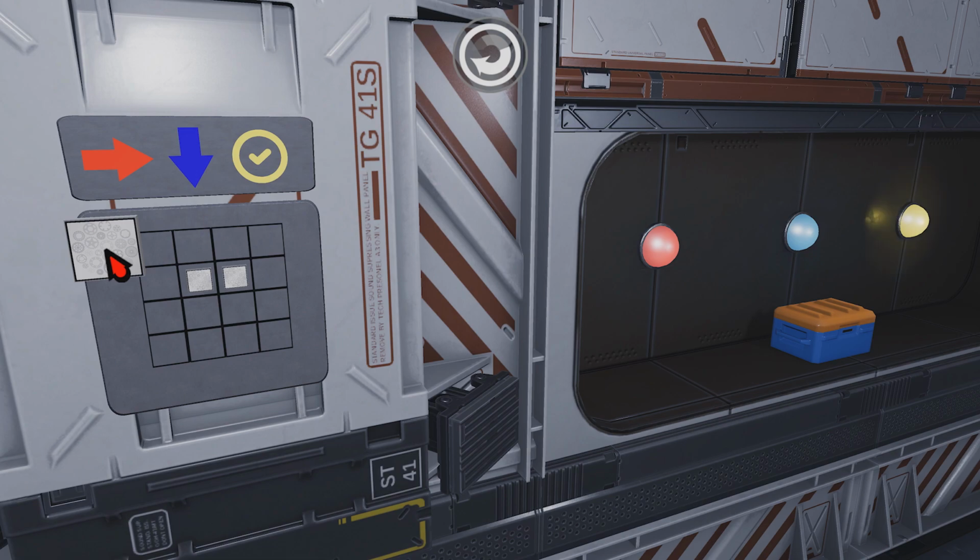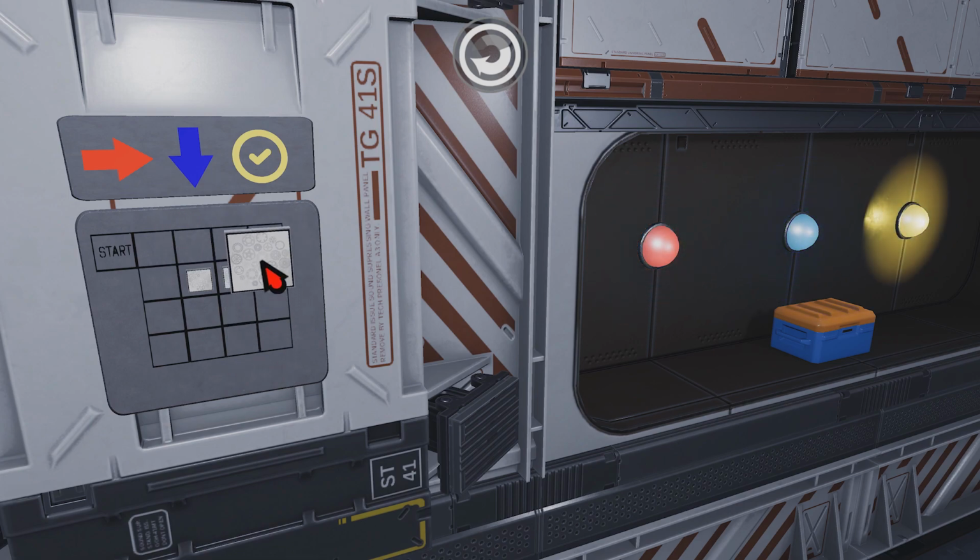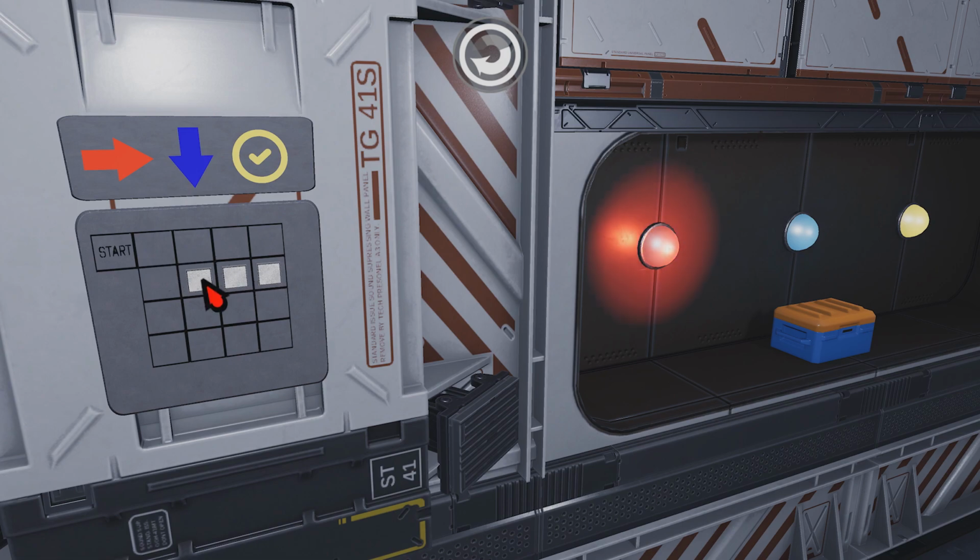Okay, so if we start here and then go 1, 2, 3 over. Oh, but if we're actually starting here, then it would be 1, 2, 3, and there. Whoops. And there. Then it would be 1 over and 1 down for there, because that's the only way.